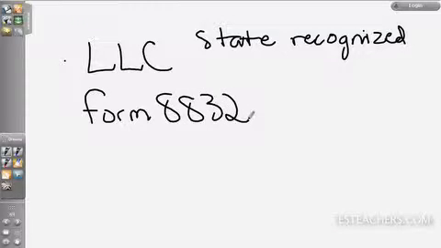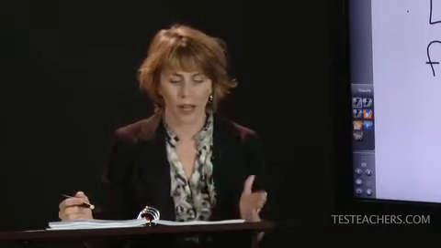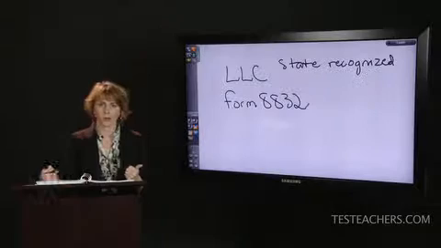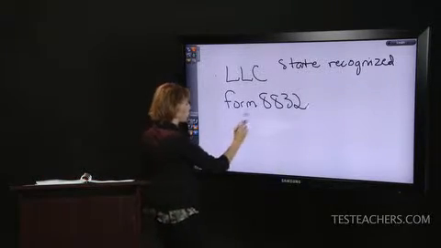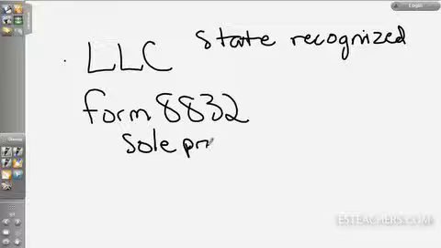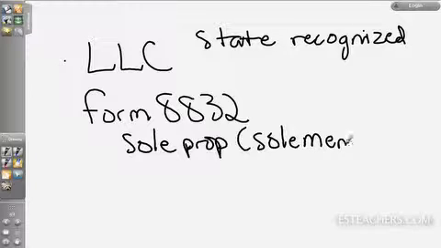There is no box when you do a tax return with the IRS at the federal level for an LLC. So you're either going to choose to be taxed as what we call a sole proprietorship. This is called a sole member LLC. So this is a flow-through tax entity. It flows through to Schedule C on your 1040. The LLC could choose to be taxed as an S corporation or as a C corporation at the federal level as well.